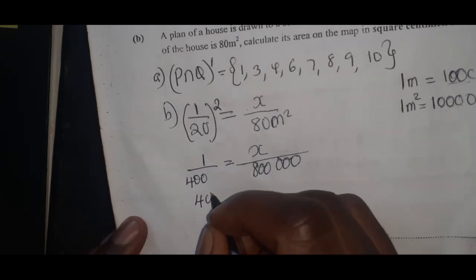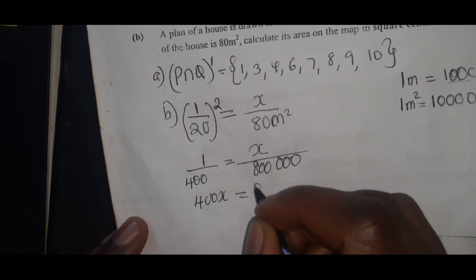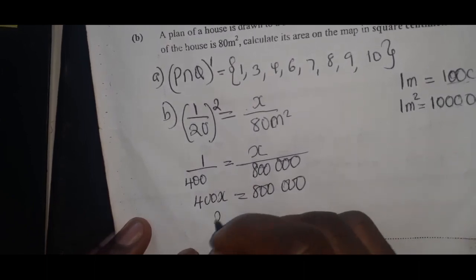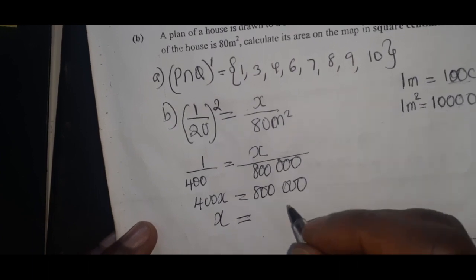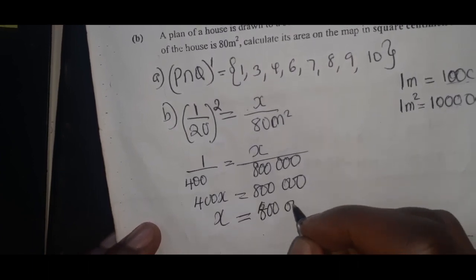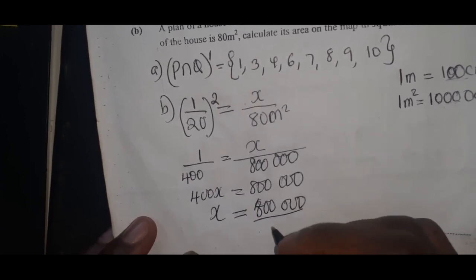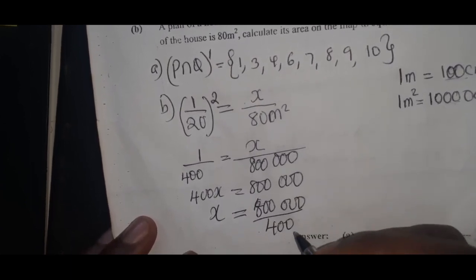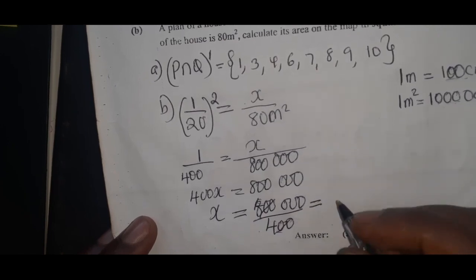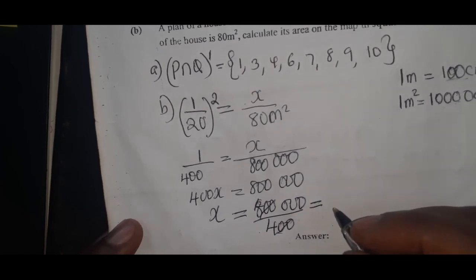You have 400x is equals to 800,000. x is equals to 800,000 divided by 400. So you knock out these 2 zeros and these 2 zeros. What do you get?